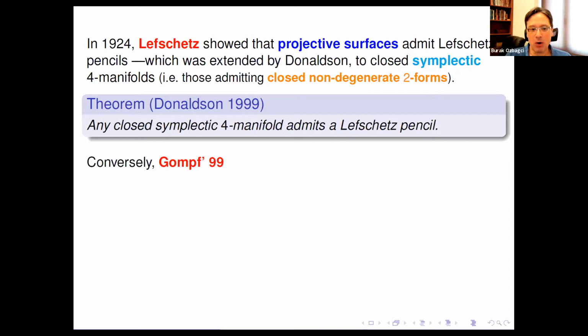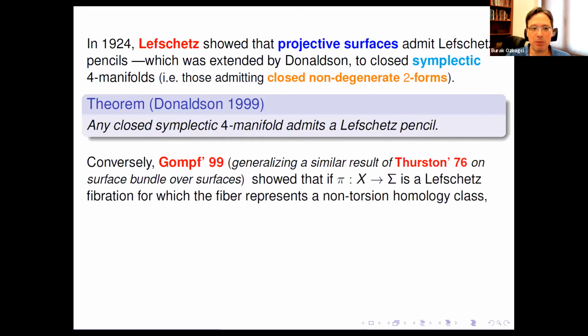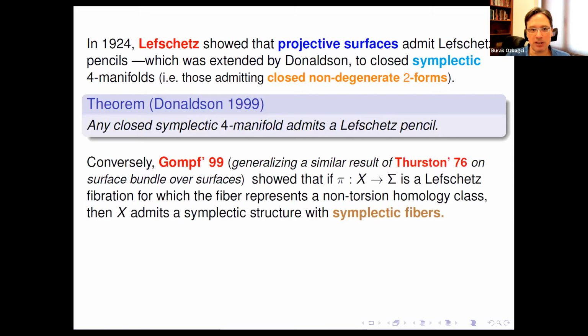Conversely, Gompf, around the same time, generalizing a similar result of Thurston from 76 on surface bundles over surfaces, showed that if pi: X to sigma is a Lefschetz fibration for which the fiber represents a non-torsion homology class, then X admits a symplectic structure with symplectic fibers.